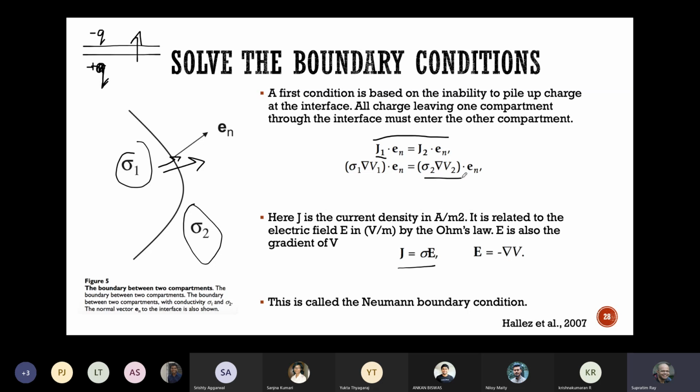And that's going to be the same as J2 dot product with En, where J2 is given by sigma 2 and the gradient of V2. This gradient is the electric field. I'm just putting all of this together, and this gives me a relationship between the voltages on this side and the voltages on that side. It's called the Neumann boundary condition, and it relates the voltages that you have on this side with the voltages that you will have on this side.